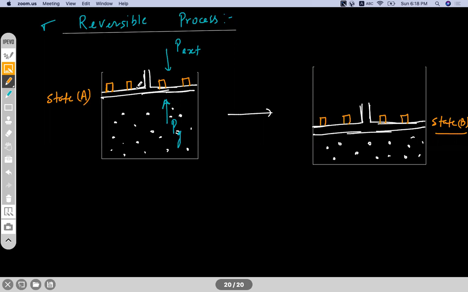Any doubt in this? Yes, tell me. Any doubt in this? No? Tell me, external pressure is constant or variable here in this process? External pressure is constant or variable?